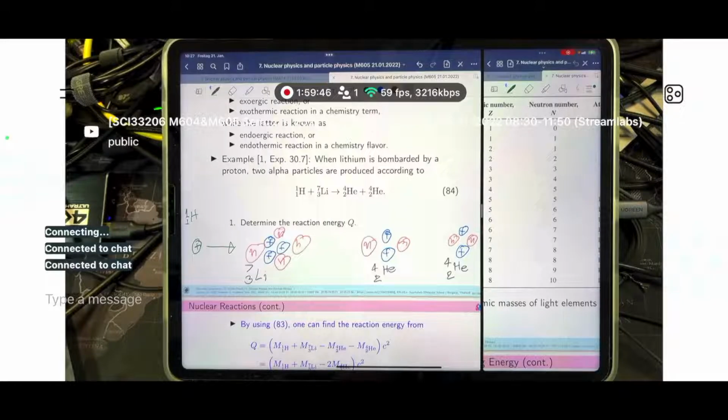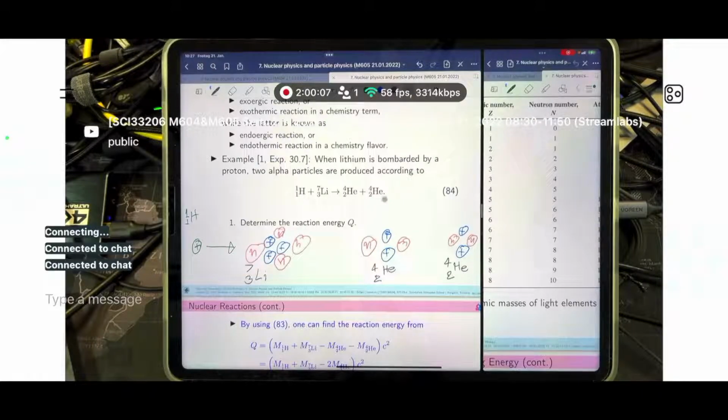It's not difficult, right? You can analyze it by yourself. The lithium is bombarded by a proton and 2 alpha particles emerge as the product.